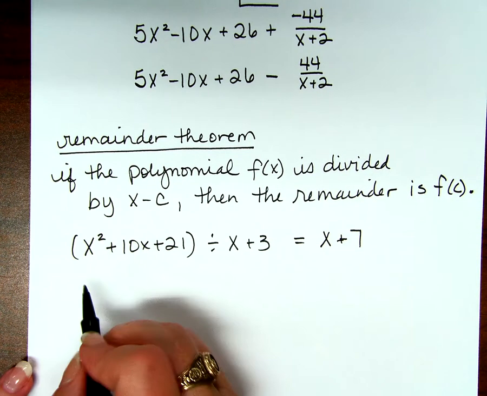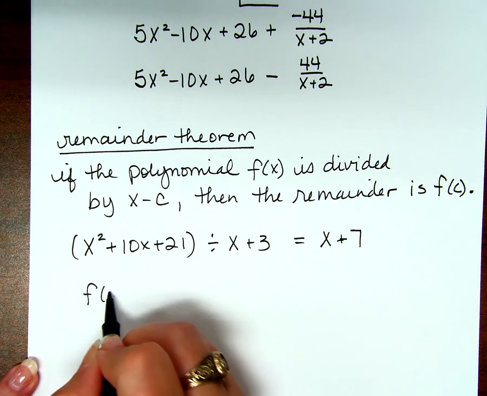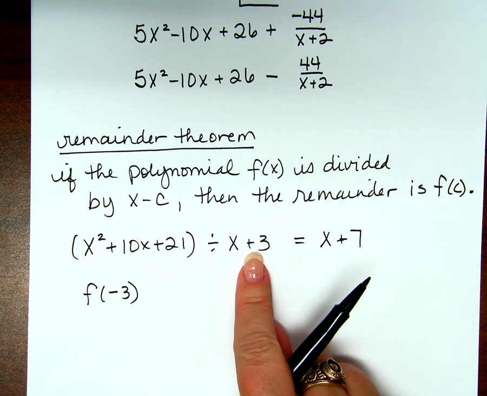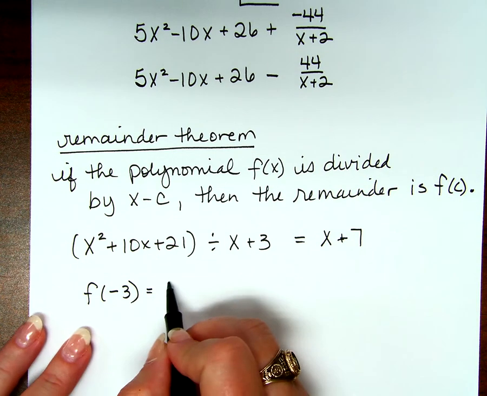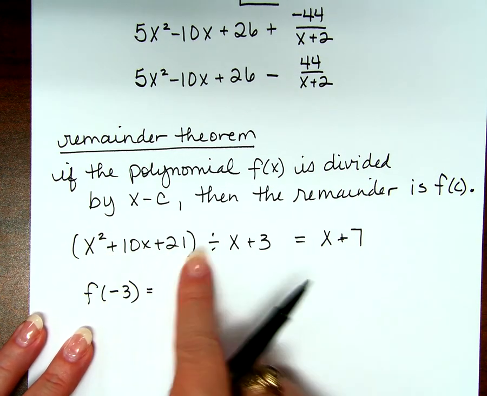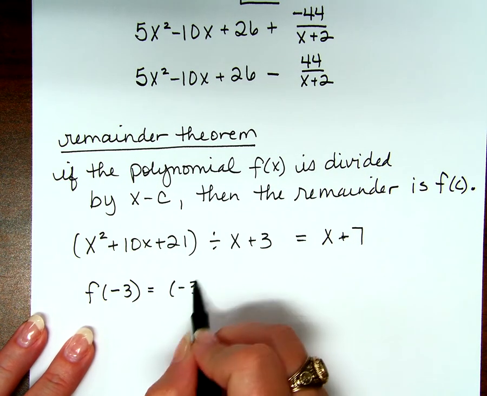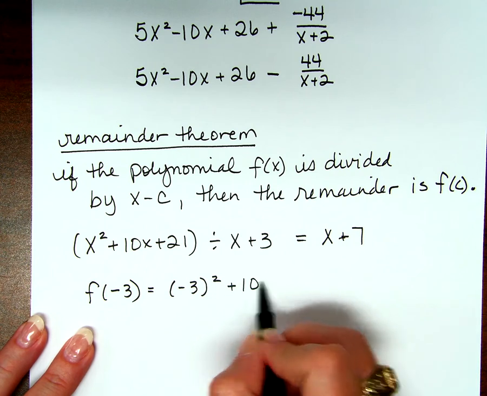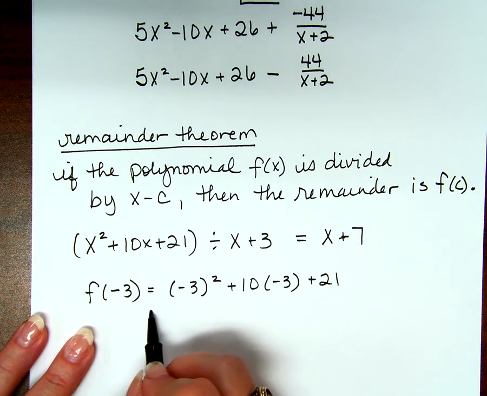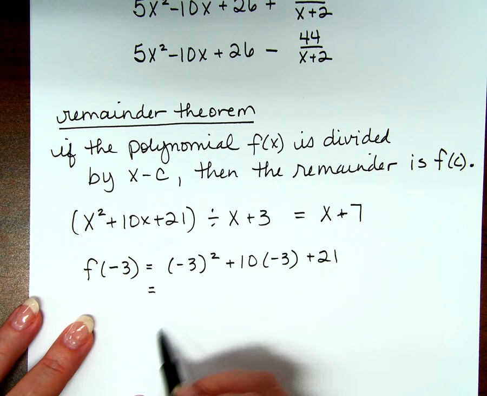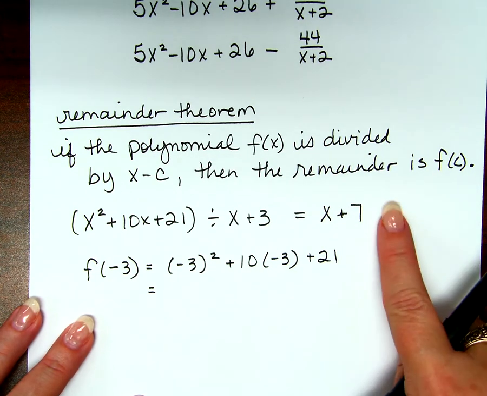So what this theorem says is if I take f of negative 3, right? Do you see where that came from? If I take f of negative 3 and substitute it into this equation right here, so negative 3 squared plus 10 times negative 3 plus 21, the answer I get down here should be the remainder I got over here.